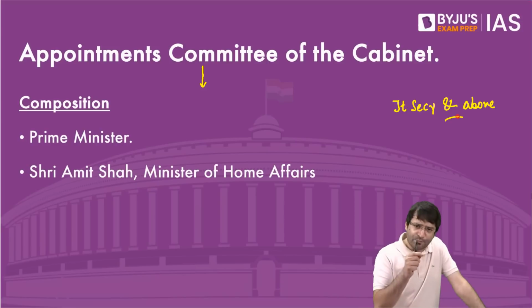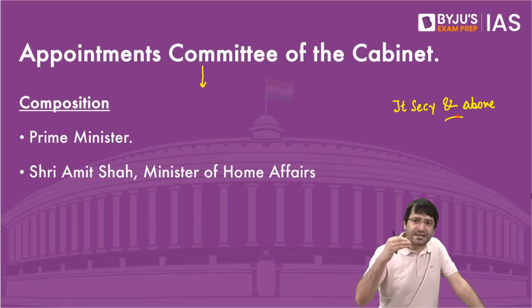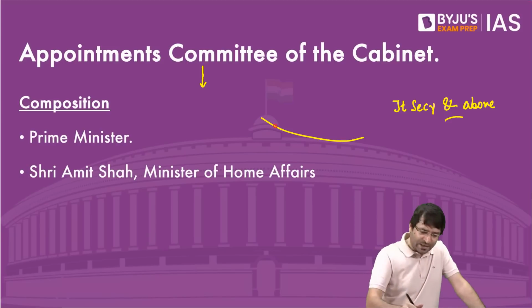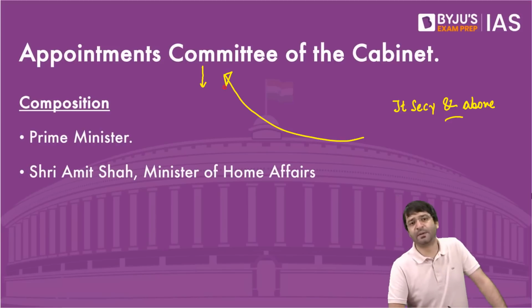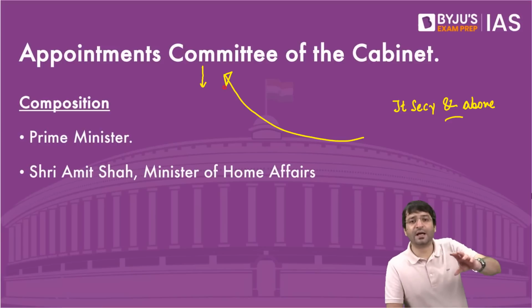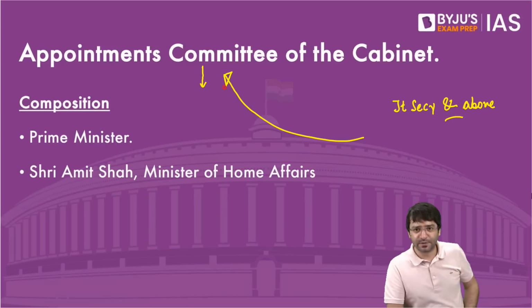All these appointments at the central level of Joint Secretary and above, that is decided by this committee known as the Appointments Committee of the Cabinet, which is headed by the Prime Minister, and Home Minister is the other minister. Who is going to be appointed as, let's say, the chairperson of a public sector undertaking? That this committee also decides.